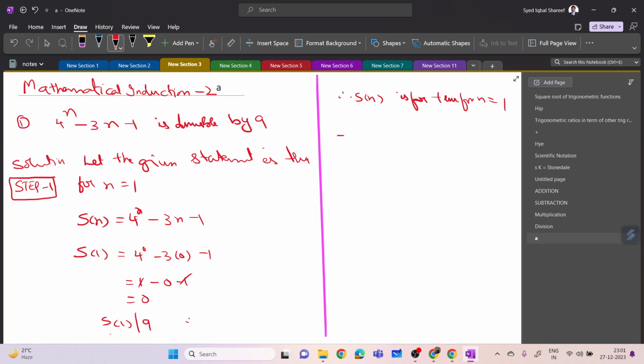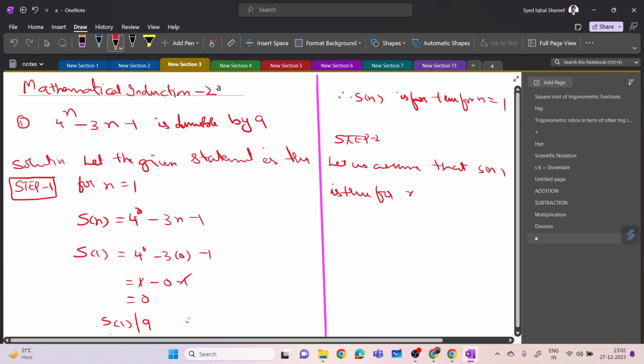Let us assume step number 2. Let us assume that S of n is true for n equal to k.